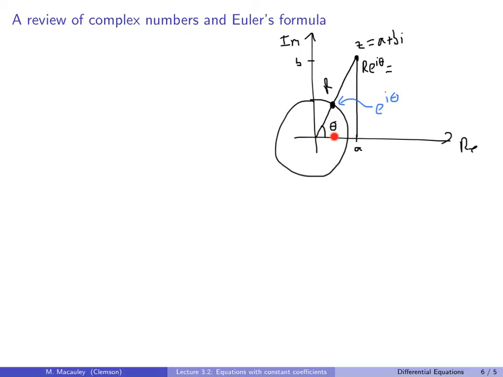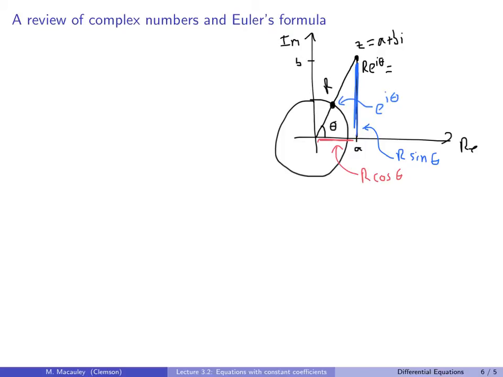This right here is basic high school trig, is r cosine of theta, and this height is r sine of theta.